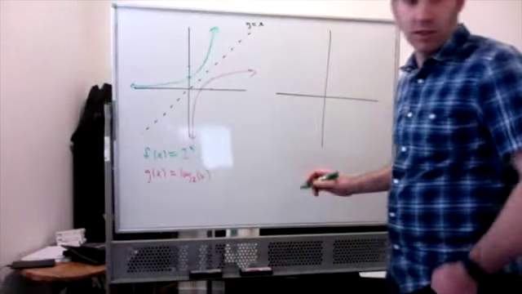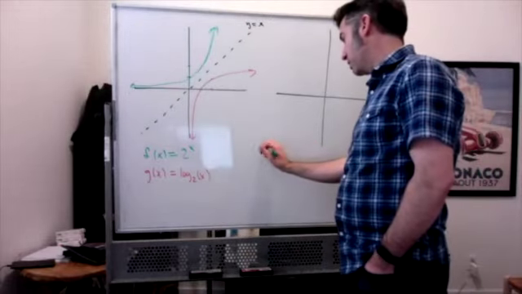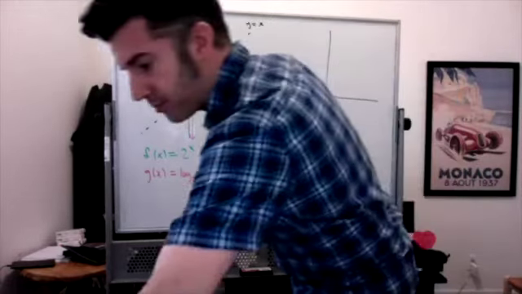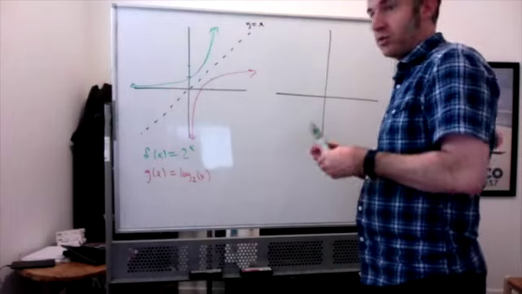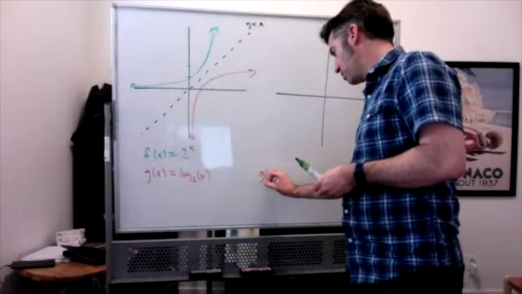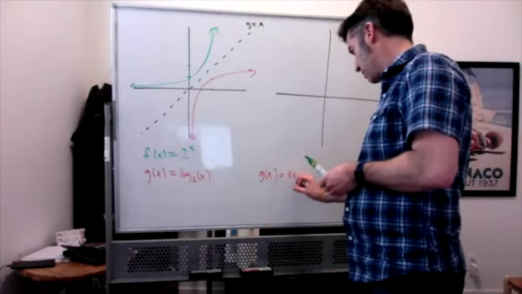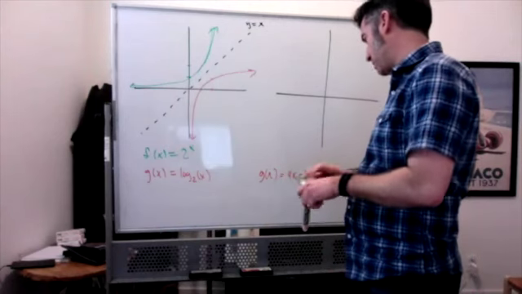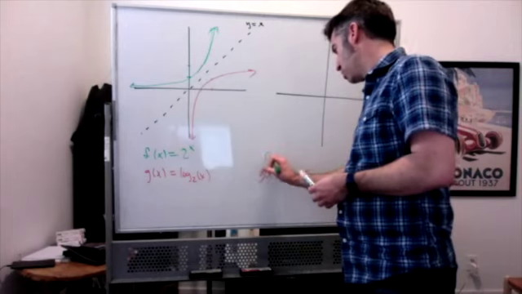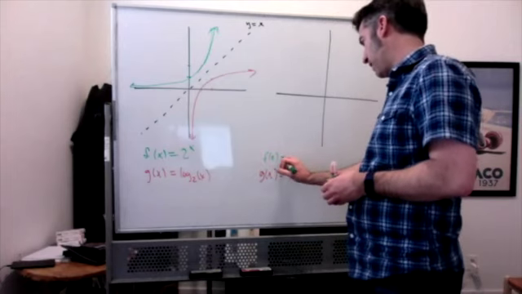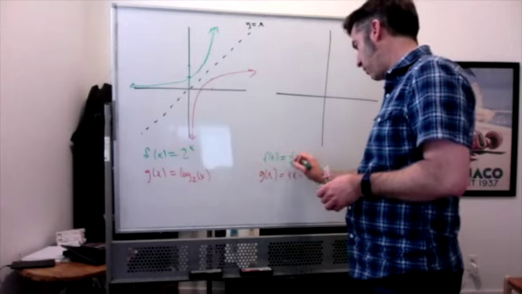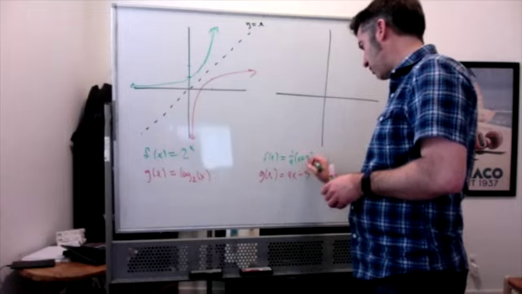The same is true if we were graphing the functions that we just did, where g of x equals 4x minus 5, and its inverse was f of x equal to (x plus 5) divided by 4, or 1/4 x plus 5/4, if you like.